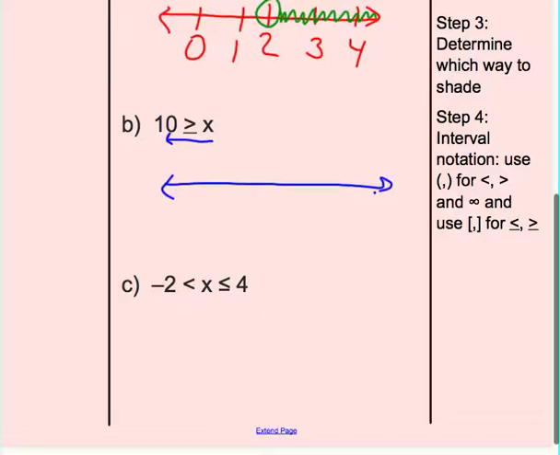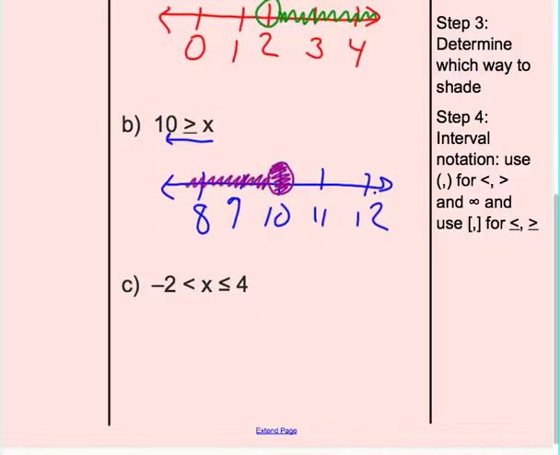Setting up our number line, I'm going to put 10 in the middle, a couple of numbers on either side. Determining if it's an open or a closed circle, is 10 greater than or equal to 10? Yes, they are equal, so that is a true statement, so I fill in the circle on 10. And again, reading it backwards, x is less than or equal to 10, so we will shade the numbers to the left of 10.